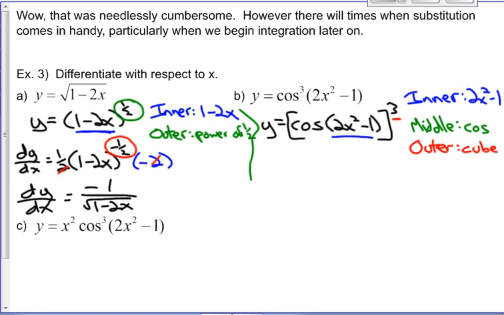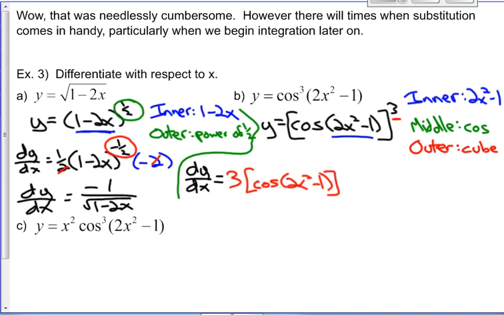And here's how we differentiate. I'm going to need a little extra space here. dy by dx is going to come from dealing with the outermost. So power of 3, 3 comes down front. Everything else stays the same. And now we've got a power of 2.